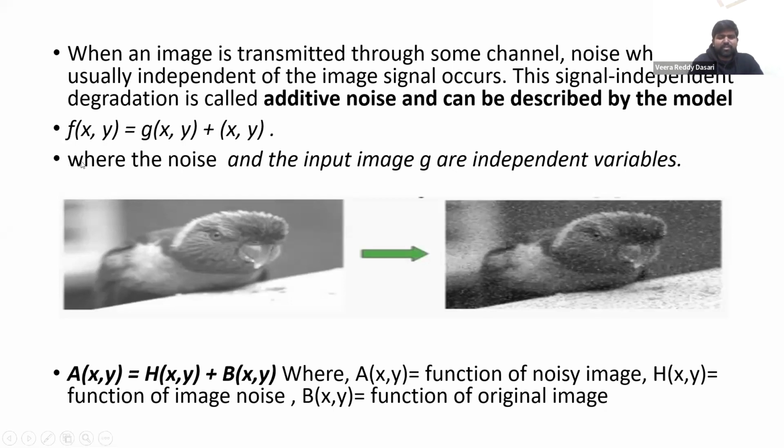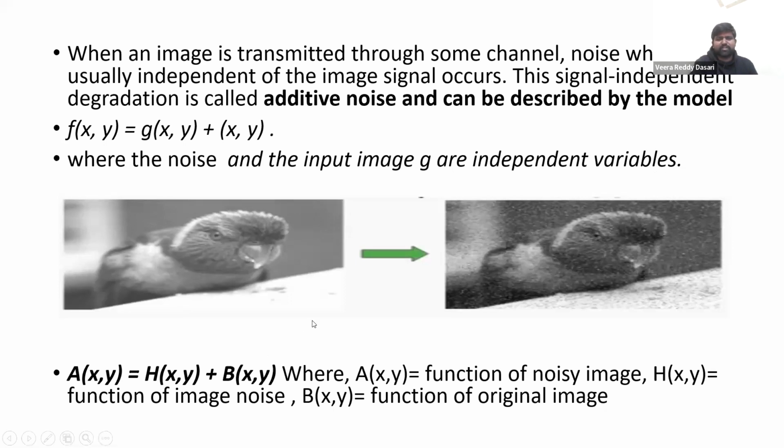For example, the image can be represented using a function of x comma y, where noise and input image are independent variables.